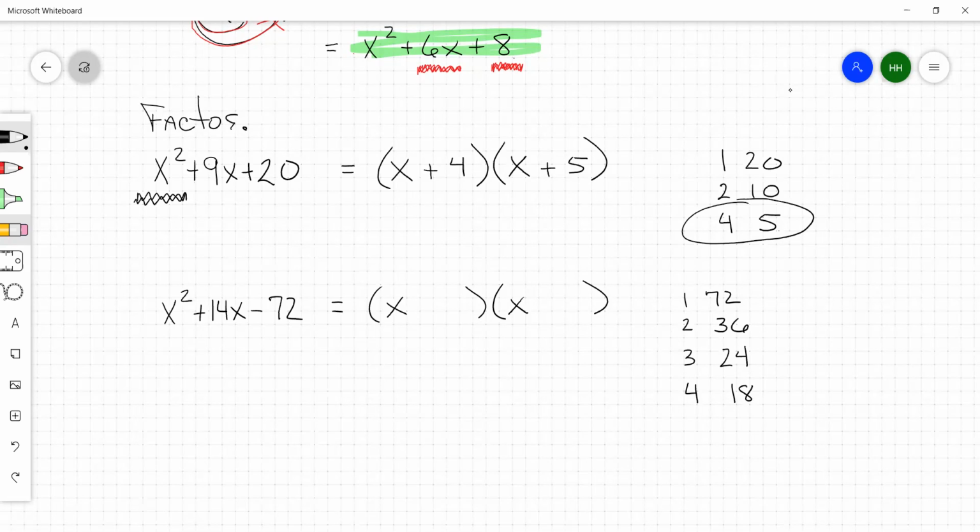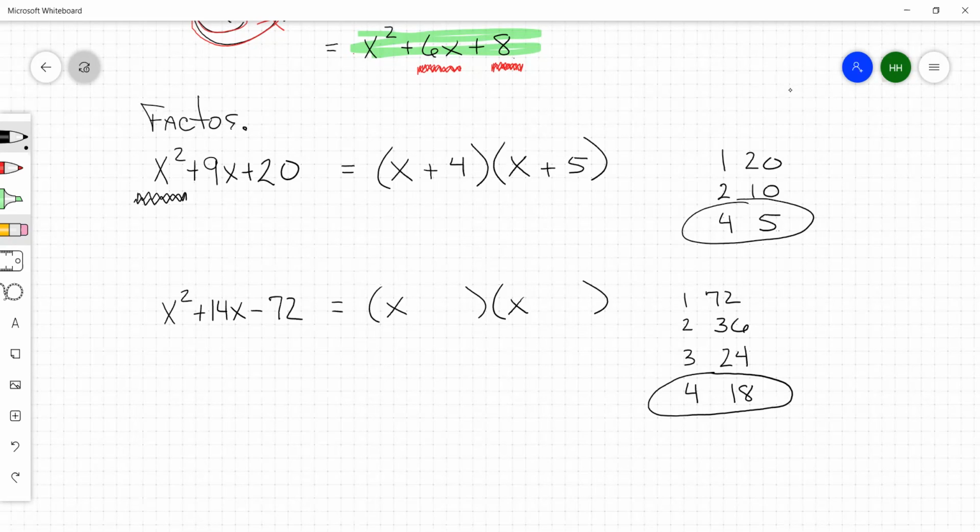Now, as you're listing these factors of 72, you're looking for a combination that can get you to a 14. And here it is, the 4 and the 18. With a 4 and an 18, you can get to 14. And with a 4 times an 18, you can multiply to 72.